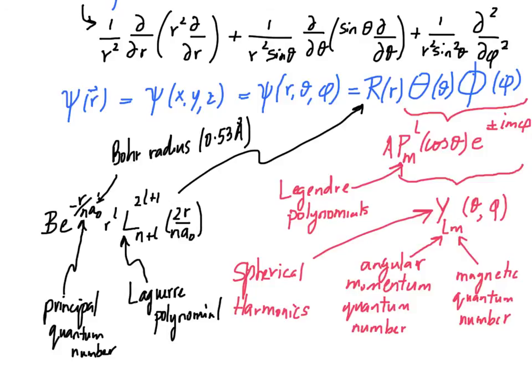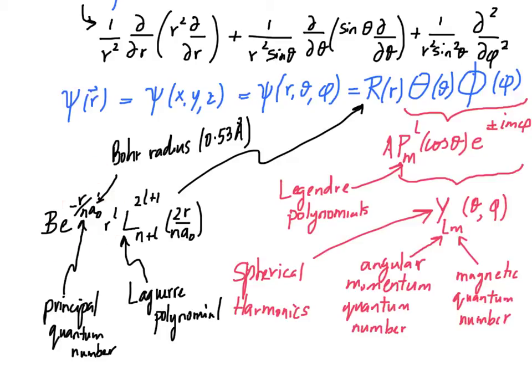dependence. So here is our radial solution, right? And again, capital B is some constant, which is not important at this point. What is really important is the dependence on the radius. So you have e to the minus r over n a naught.